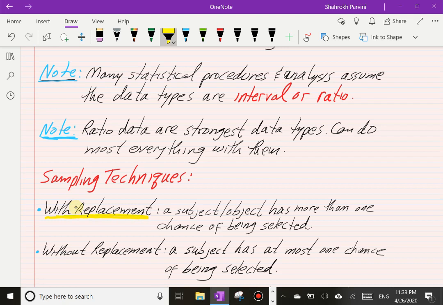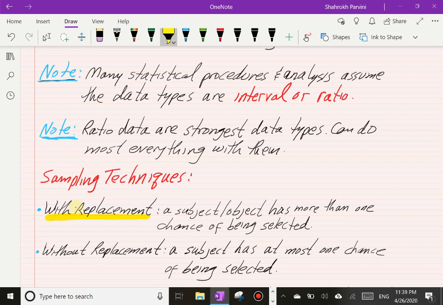Now, part of the reason for this assumption, when we come to it, I'll explain more. But part of the reason is because if you do your sampling without replacement, you actually change the probability of selection of the next individual. So for example, let's say there are 10 people in a classroom, and I want to select one person at random.